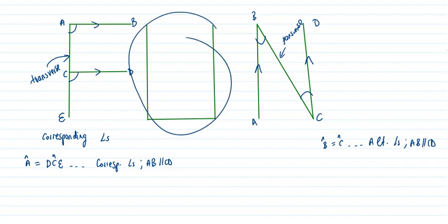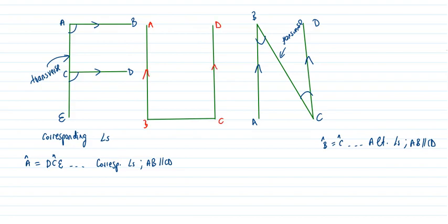And then what about here? If I name this one also A, B, C, D, this line and that should be parallel. Then we will have a pair of what you call co-interior angles. Now what do we say about co-interior angles? Instead of them being equal, when you add co-interior angles, the answer that you get is 180 degrees.